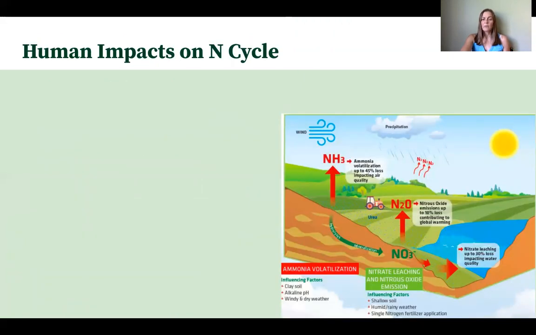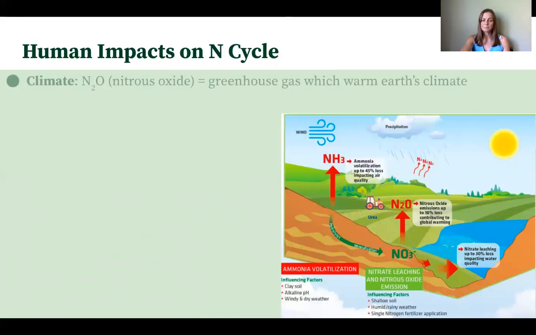All right, so how do we impact this cycle? We talked about in the carbon cycle that we'd impact the cycle by burning anything that was composed of carbon, especially including fossil fuels. We also have a significant impact on the nitrogen cycle. Nitrous oxide is a greenhouse gas which warms Earth's climate.